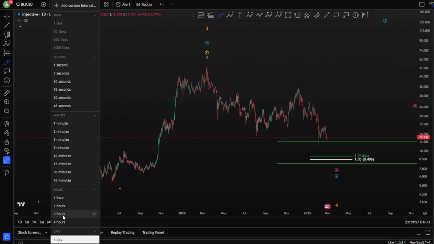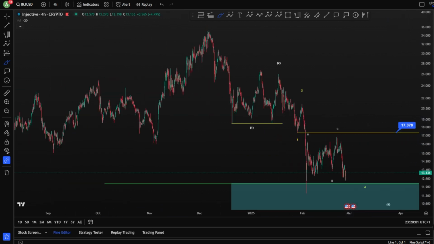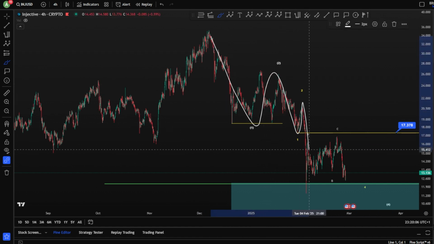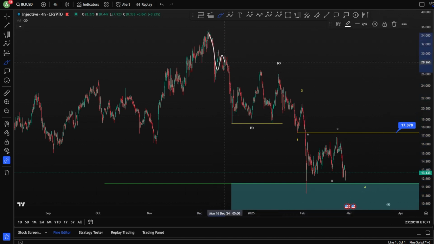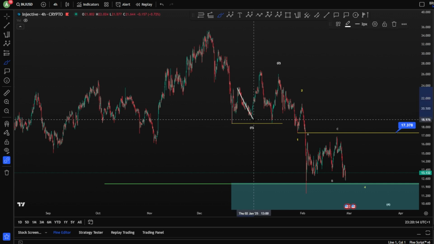On the 4-hour chart, we are looking inside this wave currently, which is your wave C. We are looking at a 1, a 2, and then 1, 2, and then probably 3, 4, and a 5. Your wave 1 here is an impulse, and it might be truncated with your wave 5 here.